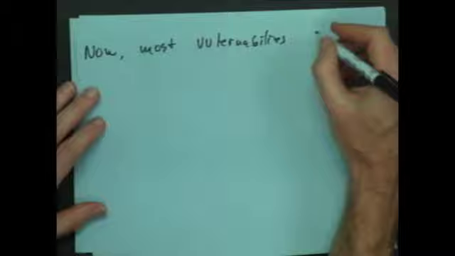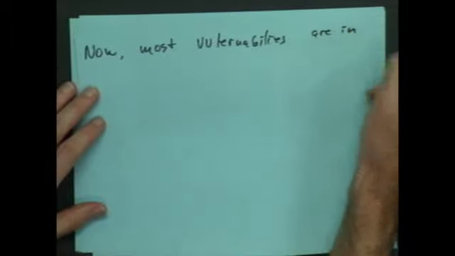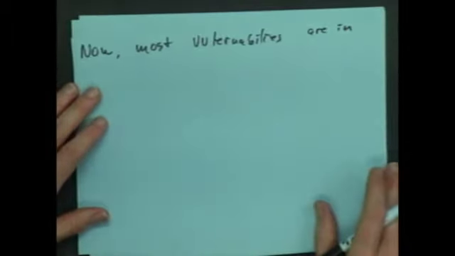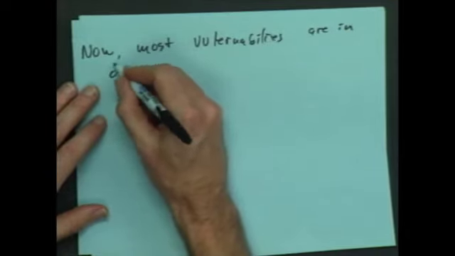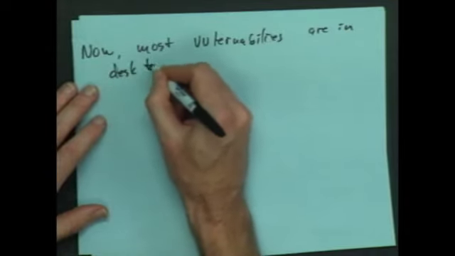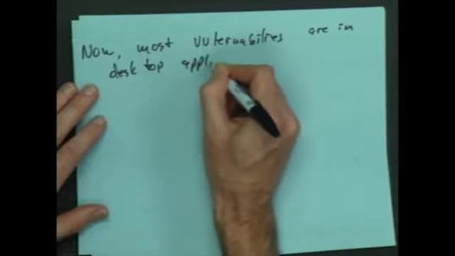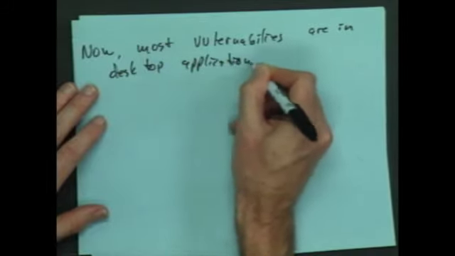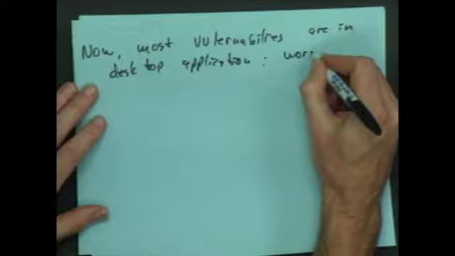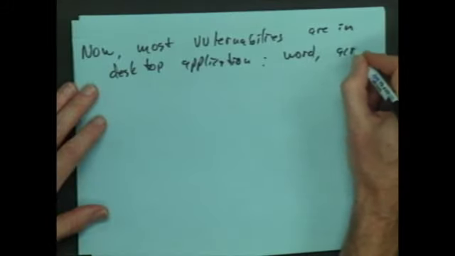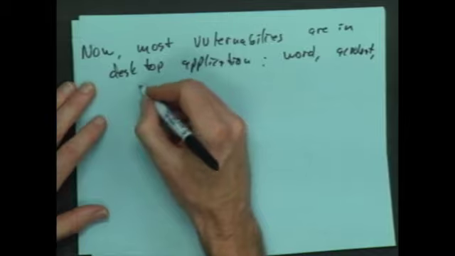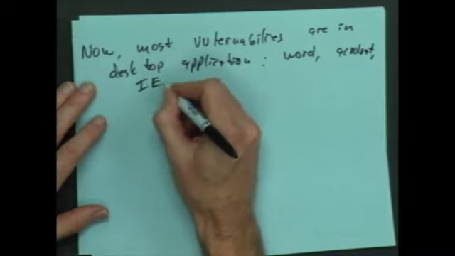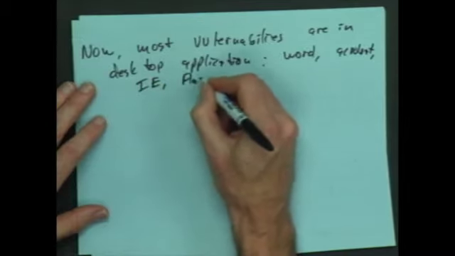Well, nowadays, most of the vulnerabilities are in, what would you call it? A desktop application. So this is things like Word, Acrobat, even Internet Explorer, I'll put IE, or Flash.